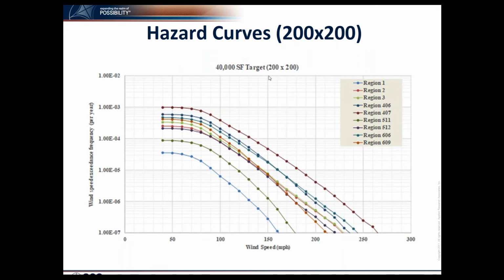This is an example of the 200 by 200 area target, and compared to the point target, the hazard curve shifted vertically, so hazards are increasing, and again similar characteristics. The hazards are highest for 407, lowest for 401.